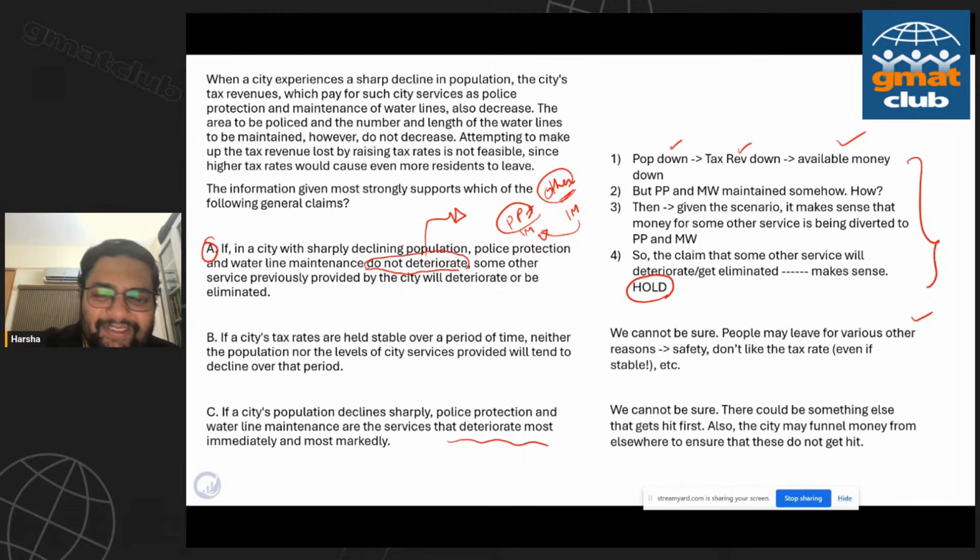Also, there's this realistic possibility that if the population declines sharply and all these scenarios happen, tax revenue is going down, the city might prioritize police protection waterline by funneling from some other fund. That is also a realistic possibility. So my point is choice C, not so convincing.